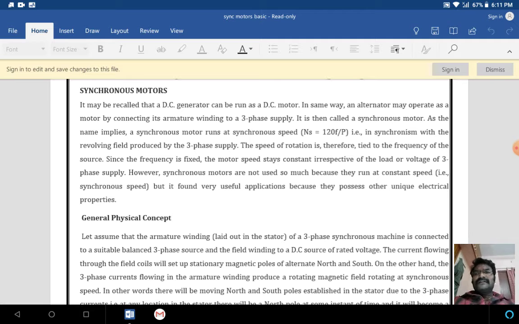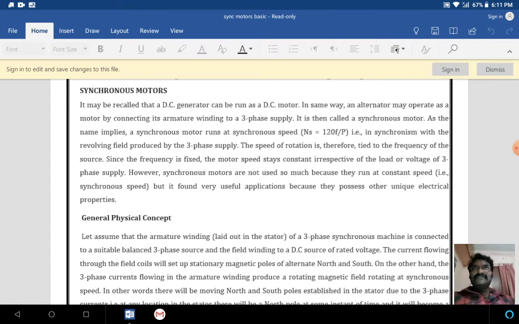It may be recalled that a DC machine and a synchronous machine are called machines because the same machine can be used as a motor as well as a generator. The same thing applies to the synchronous generator and synchronous motor.